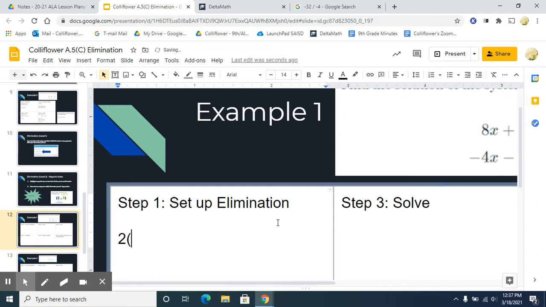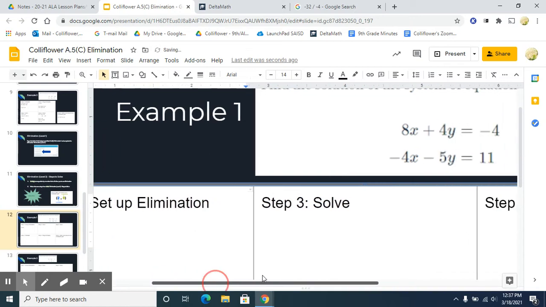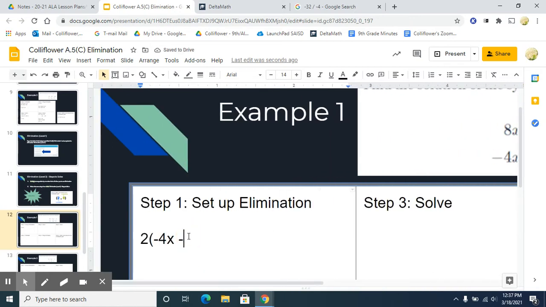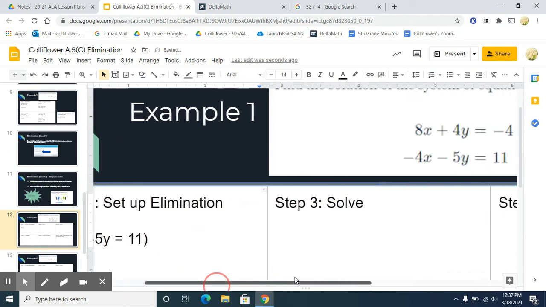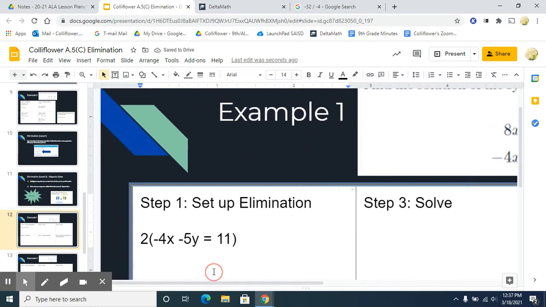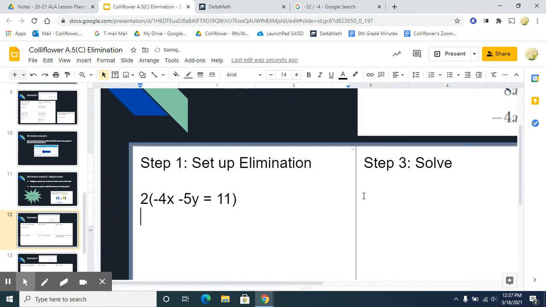We're going to do 2 times negative 4x minus 5y equals 11. So I'm going to multiply everything by 2. That's going to give me negative 8x minus 10y equals 22.